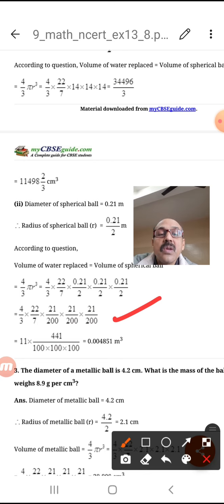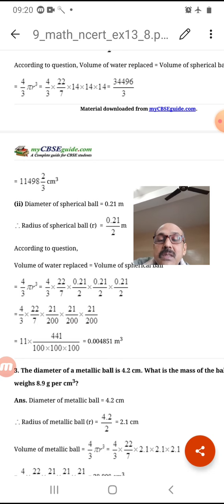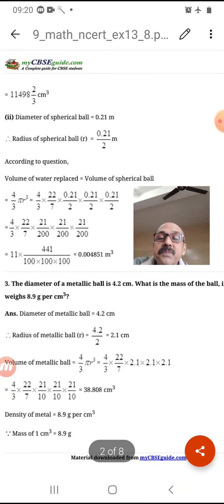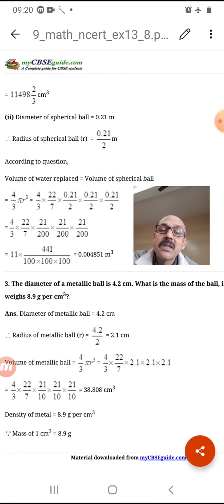Now next question is question number 3. Question number 3 is the diameter of a metallic ball is 4.2 centimeter. Okay, one metallic ball means sphere shape, so diameter is given 4.2. What is the mass of the ball?